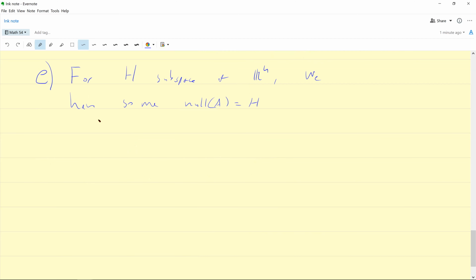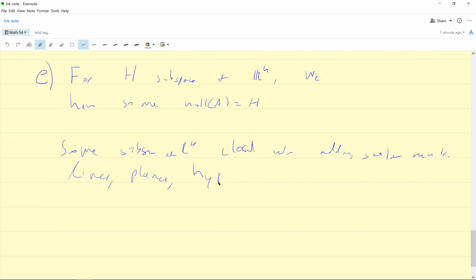So a subspace is some subset of Rn that's closed under addition and scalar multiplication. They look like lines, planes, hyperplanes. And they have to go through the origin as well.